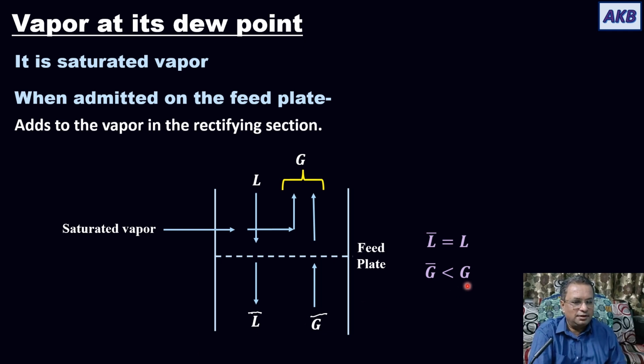That is, G bar is less than G. And now you can easily understand. In G, there is addition of the vapor due to the feed. Okay. So when feed is vapor at its dew point or saturated vapor, it is going to get added to the vapor in the rectifying section. And that's why you have these two relationships between L bar and L and G bar and G.